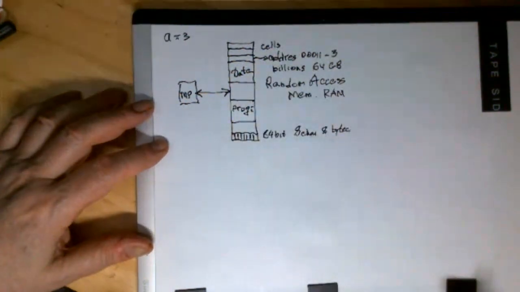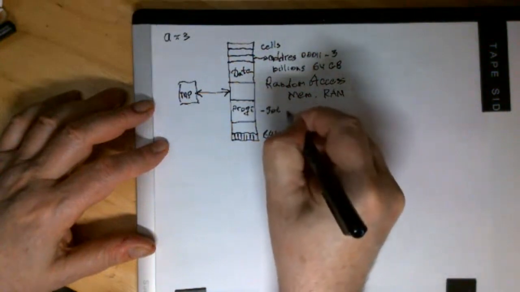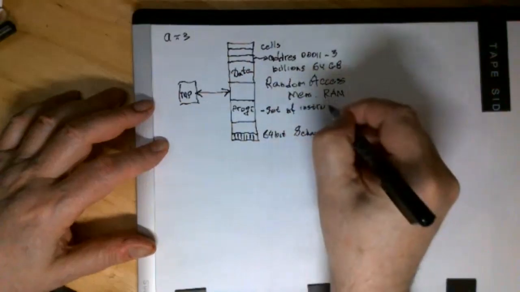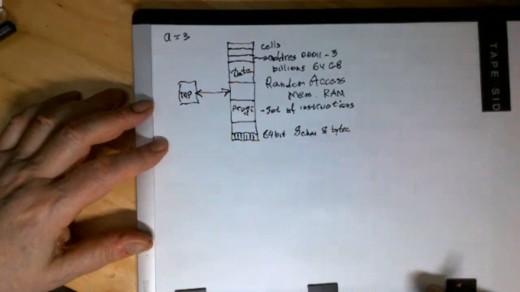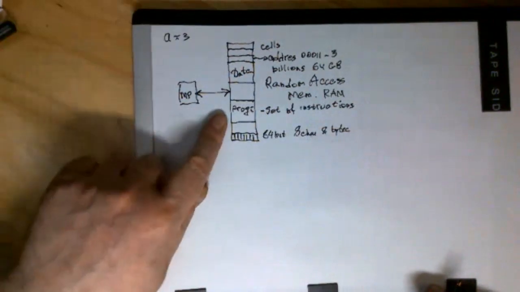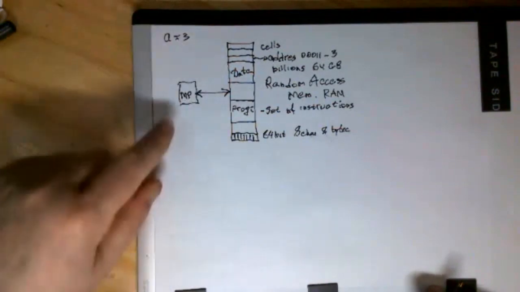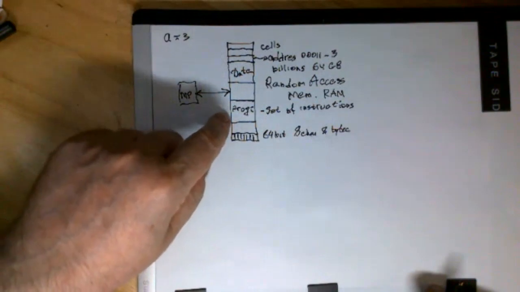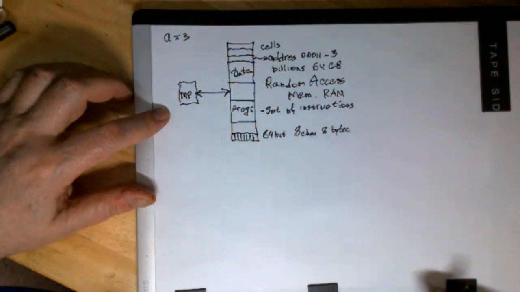Program. Folks, a program is a set of instructions. So to do something with data, the microprocessor needs to read the cells where its instructions are recorded.